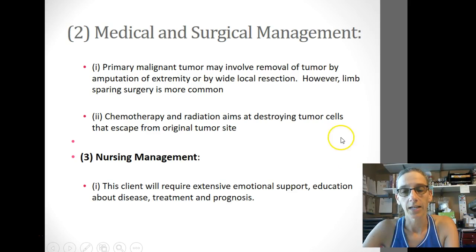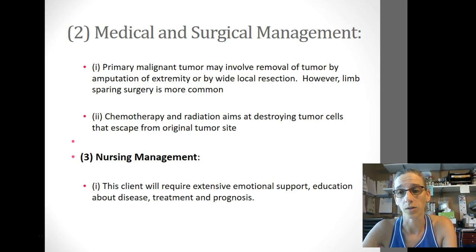Chemotherapy and radiation aim at destroying tumor cells that escape from the original tumor site. In nursing management, this client definitely needs extensive emotional support and education about the disease, treatment, and prognosis. Because again, as we said earlier, most of these people don't even realize they have anything until they go in for something else, and then they realize, oh, we've got a big problem here.